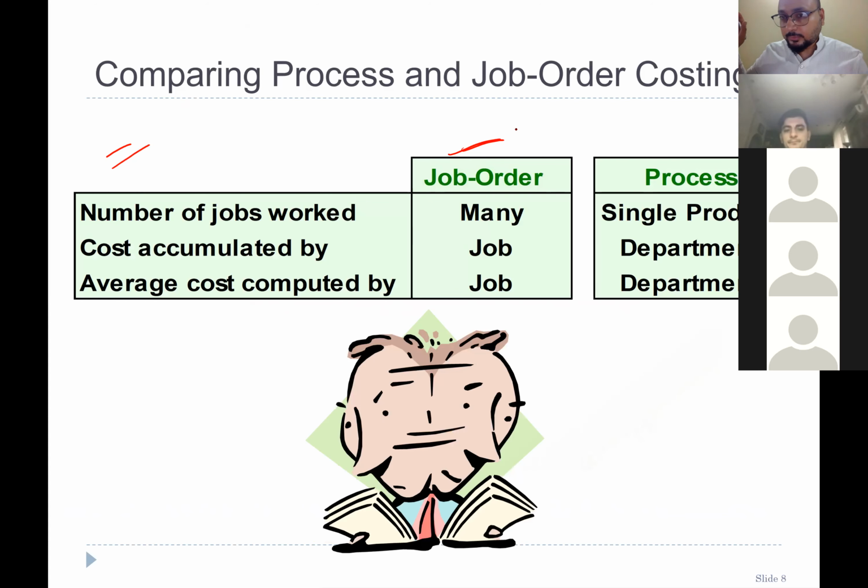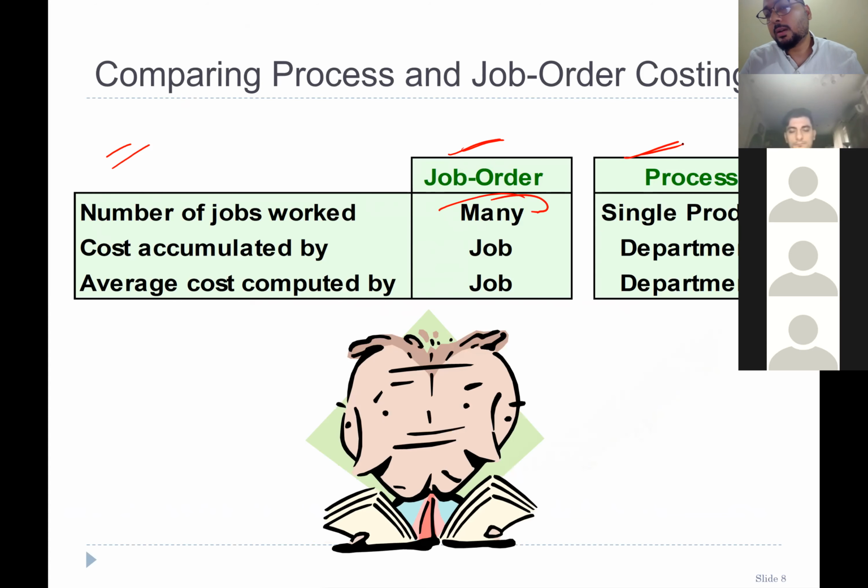From 11 till the lunch break, they are making different parts for assembling computers, and after that, they are working on making keyboards, right? So a worker is working on many jobs.